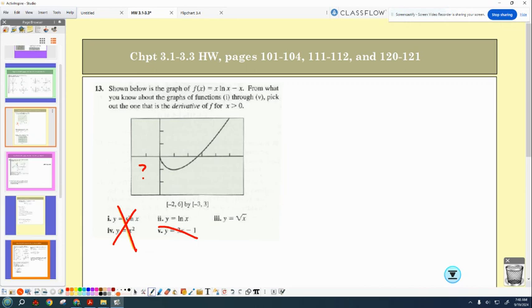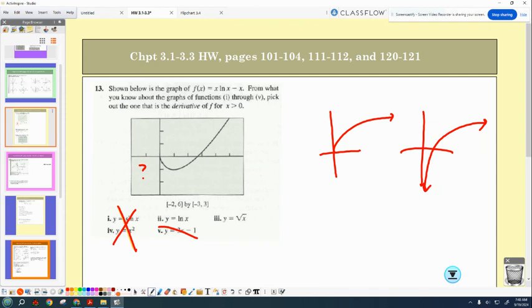So then down to these. The square root of x looks like this. Log of x looks like that. It doesn't have the, oh, okay.